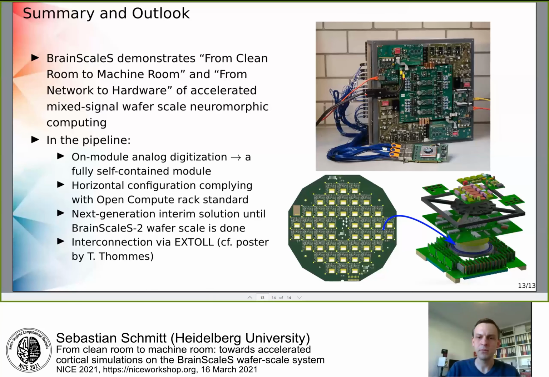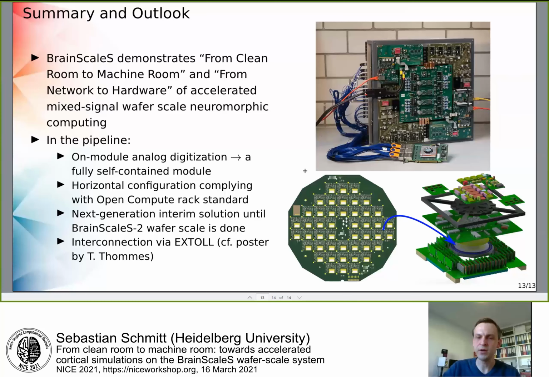And most interesting is maybe we have a next generation interim solution until BrainScaleS-2 wafer scale is done, namely that we replace the wafer with a PCB where we have individual ASICs of the BrainScaleS-2 generation. So then it is not about 400 chips, but more like 40 chips, because you lose the advantage of wafer-scale integration.